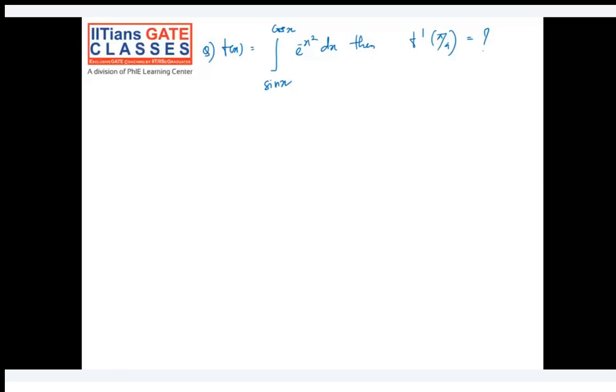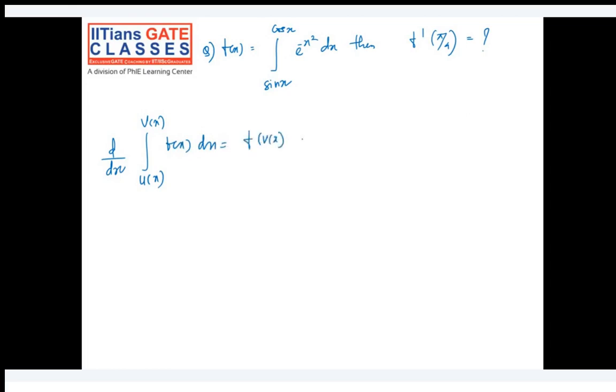In this case, the best way is to differentiate both sides, but ultimately you have to use this formula: d by dx of the integration from u(x) to v(x) of f(x) dx is f of v(x) into the differentiation of v(x) with respect to x, minus f of u(x) into the differentiation of u(x) with respect to x. u(x) is the lower limit, v(x) is the upper limit.